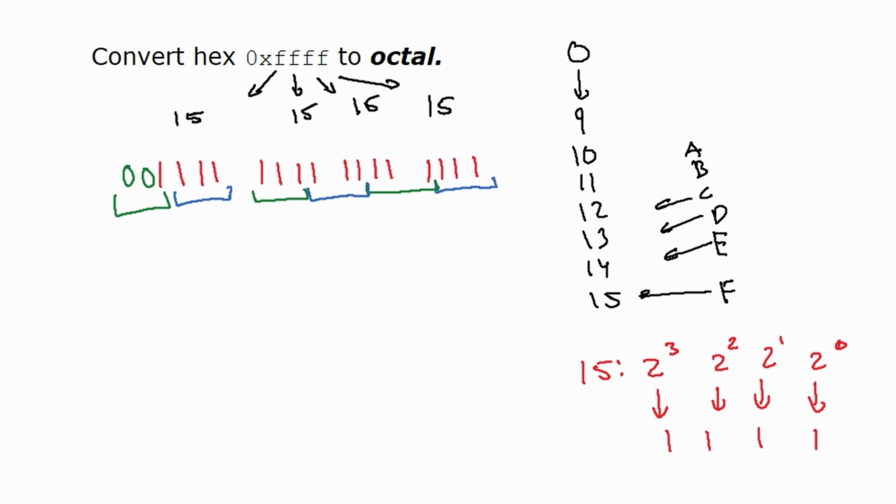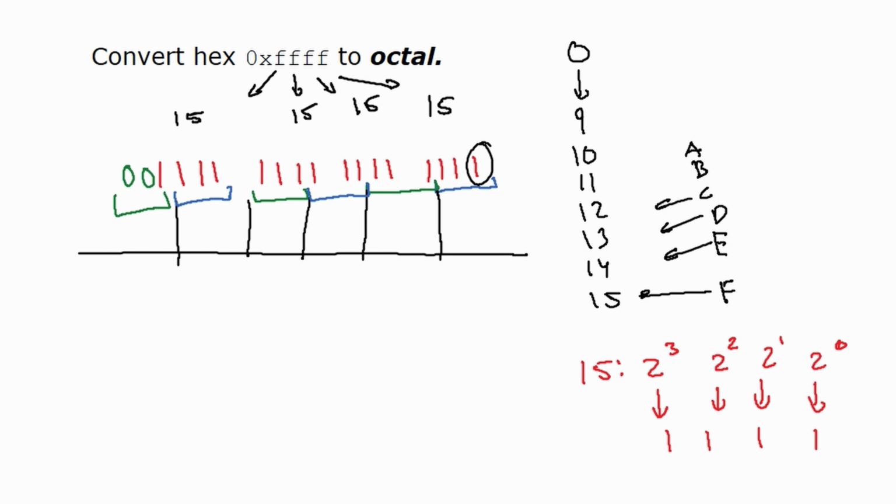So now, knowing this, we are going to look at all of these columns, and we're just going to divide them out like this. So we're going to write lines in between all of our columns. Now, we're also going to draw a line like this, and each of these 1s, because we're converting to octal, represents 2 to the power of something.